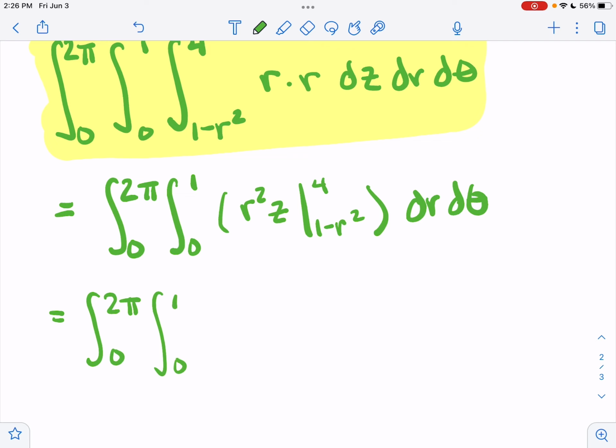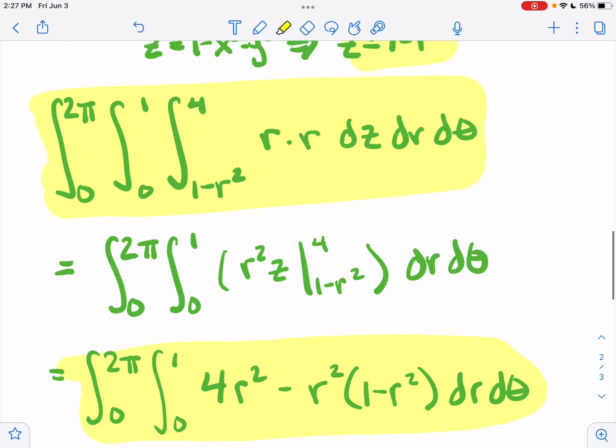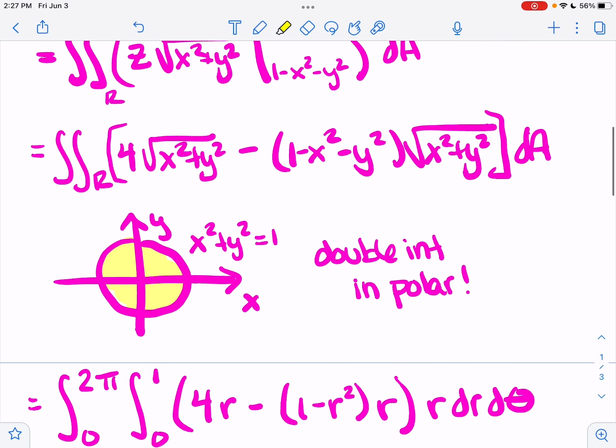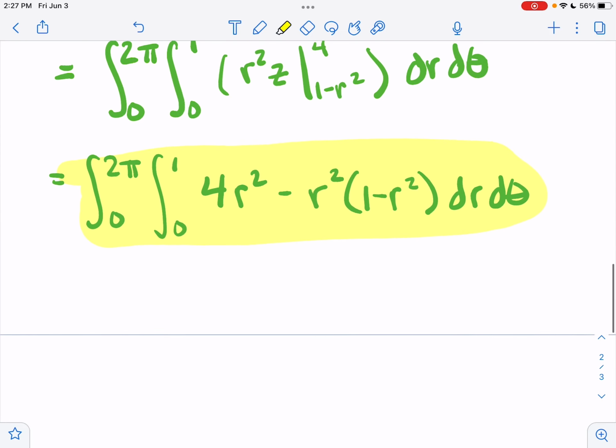We plug in our values, and we have 4 r squared minus r squared times 1 minus r squared dr d theta, and that is the double integral that we end up with. And looking up here, it's the same as the double integral that we got using rectangular coordinates.